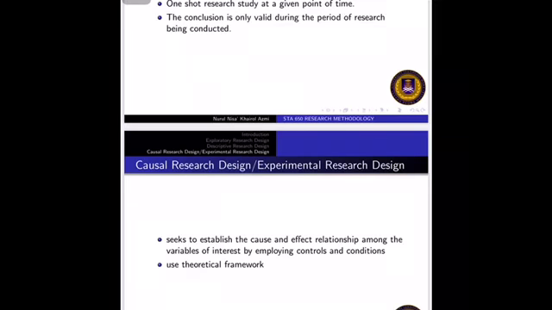Therefore, causal research is built on the other two research designs previously explained, the exploratory and the descriptive research, to get a clearer picture of the problem. Biasanya causal research ni is based on the exploratory and also the descriptive research.